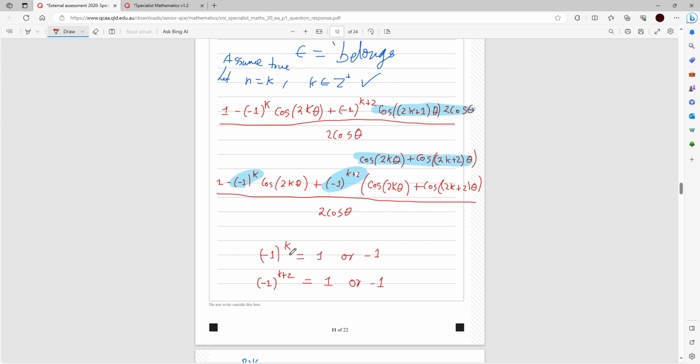Now, it doesn't matter what k is. If k is 5, this will be negative 1. So negative 1 to the power of 5 is the same as negative 1 to the 5 plus 2, because both of these will be odd. So they'll both give the same result.